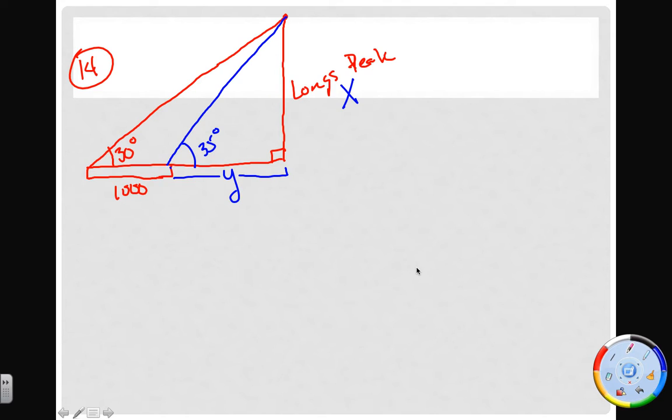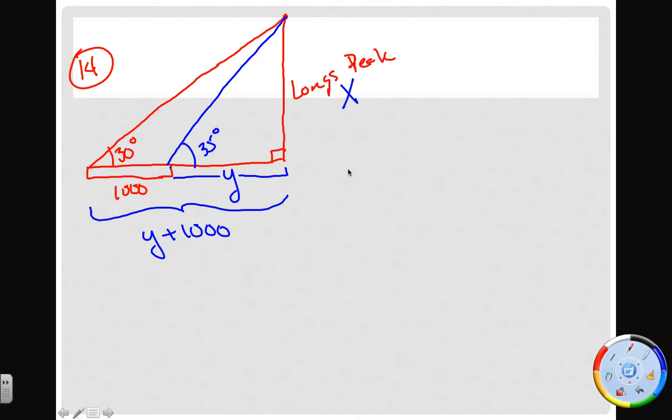So as long as I do this correctly, because I forgot to do this one before I started. So let's think about the 30-degree angle. If we think about this entire length, it is y plus 1,000. And this little length is just y.